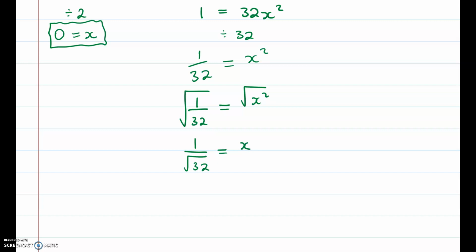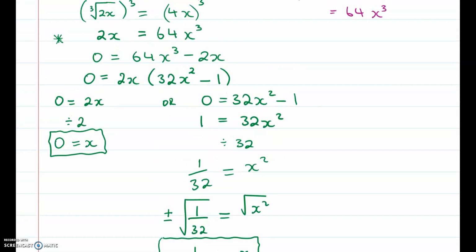Remember, one thing I did forget here, plus or minus 1 over root 32. Now, some people might insist on you rationalizing the denominator, but there's really no need. That's a fine, perfectly acceptable answer. x equals 0, x equals plus or minus 1 over root 32.